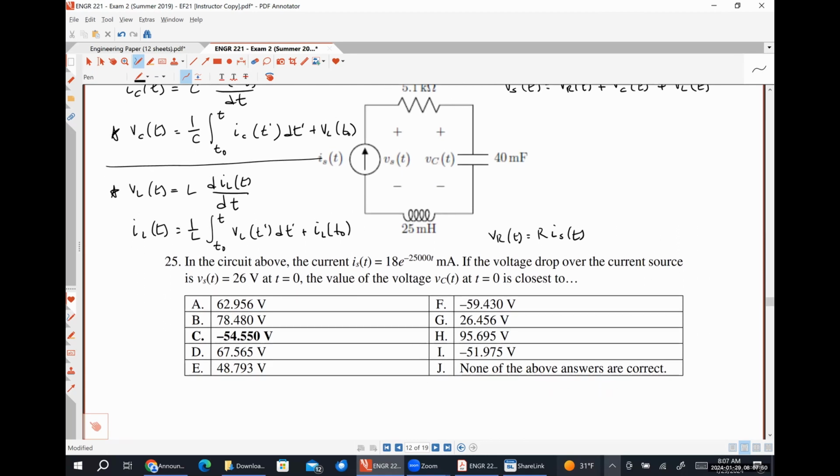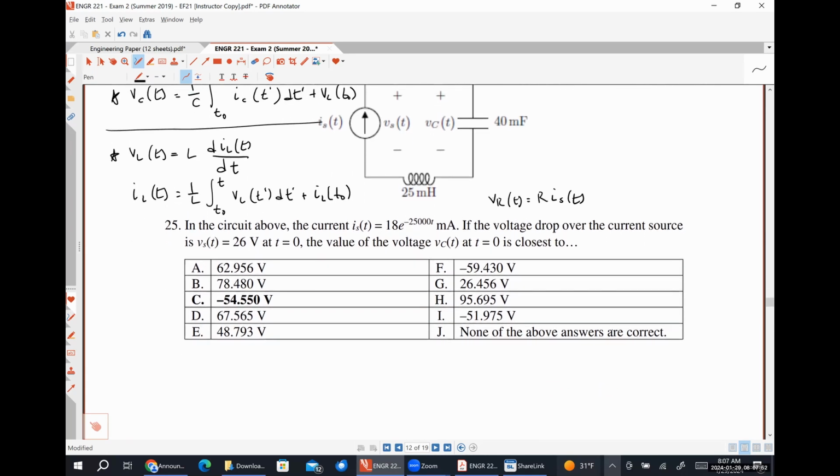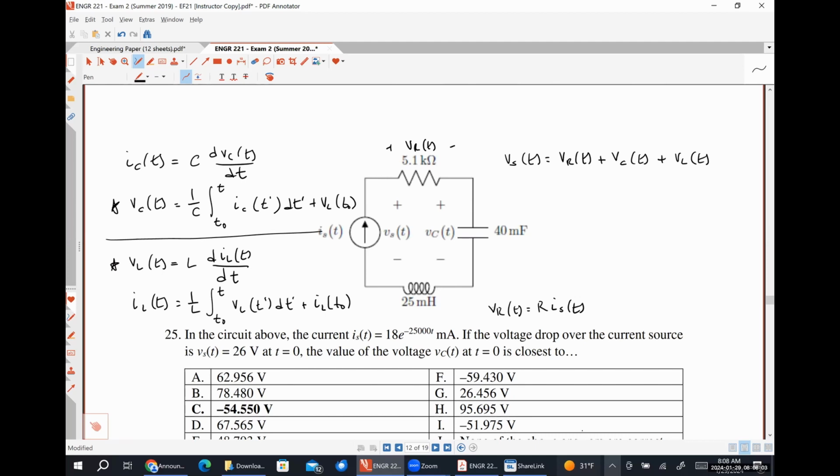All right, so let's come down here. Let me rearrange this slightly. Since we're trying to find Vc at 0, this will be equal to Vs at 0 minus VR at 0 minus VL at 0.